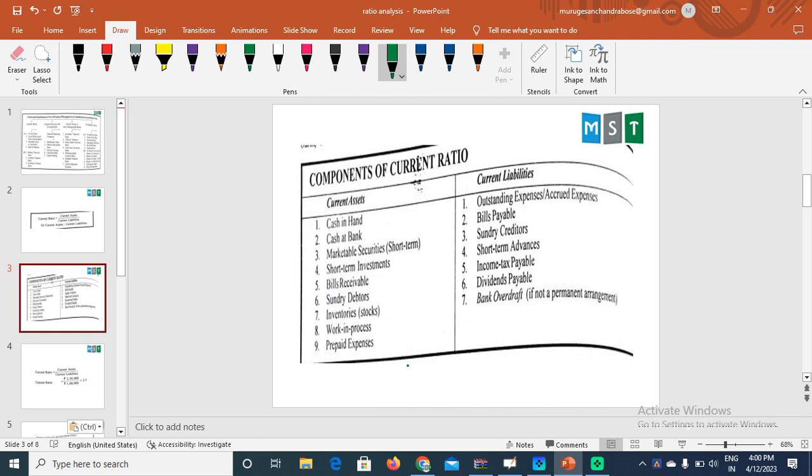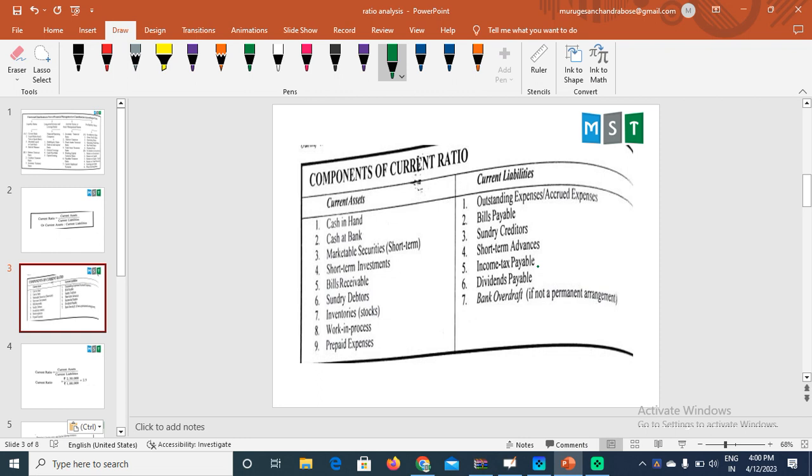All the things which are encashable within a year are taken as current assets. Then bills receivable, sundry debtors, inventories, work in progress, and prepaid expenses. Similarly, on the liability side, your outstandings, your bills payable, your sundry creditors, your short-term advances, your income tax payable, your dividends payable, then bank overdraft, if any, will be included.